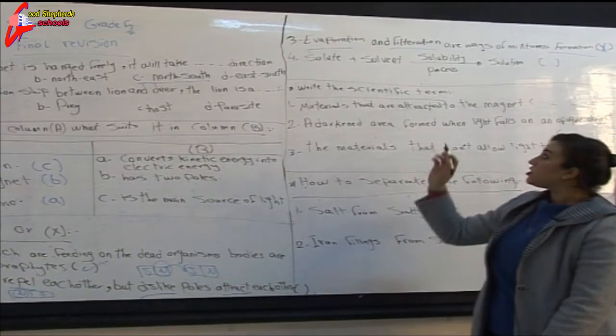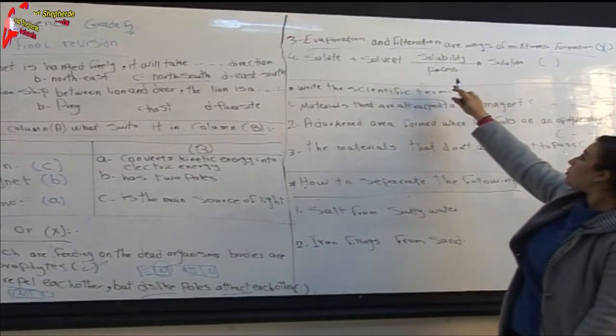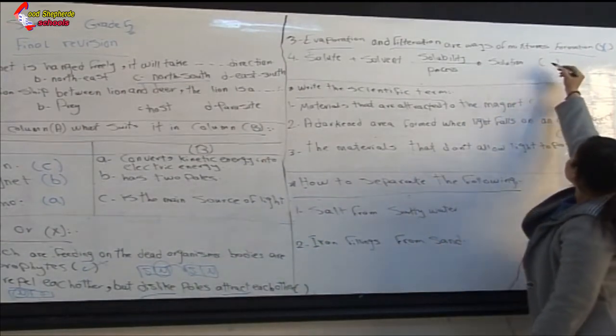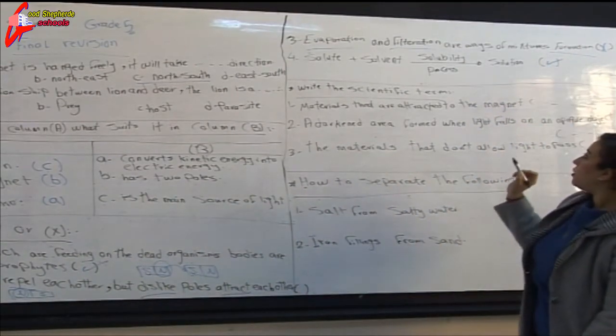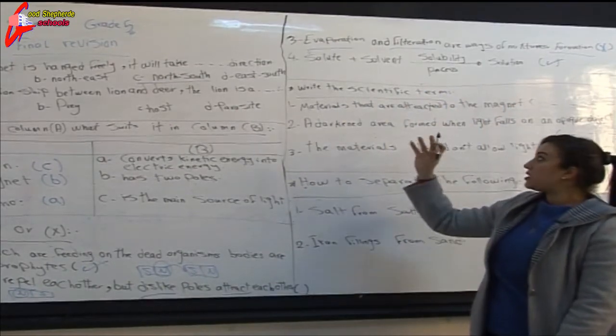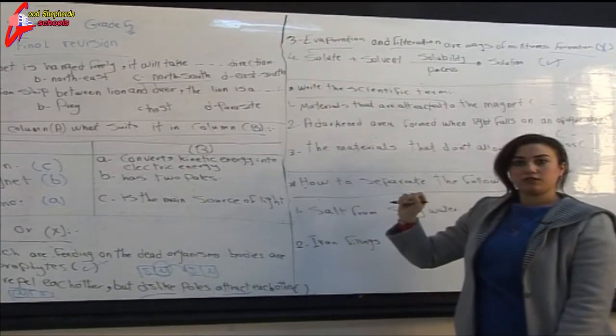Number 4, solute plus solvent equals solution by the solubility process. This answer is right. The solution is a mixture formed by dissolving solute in solvent.